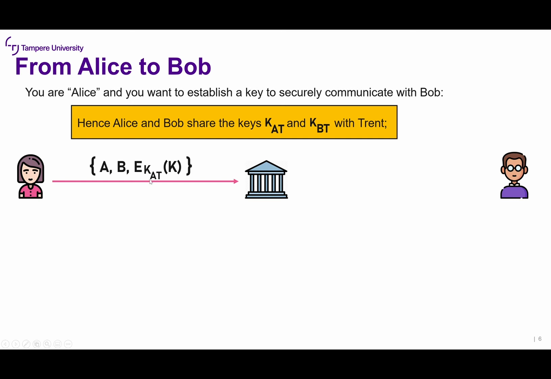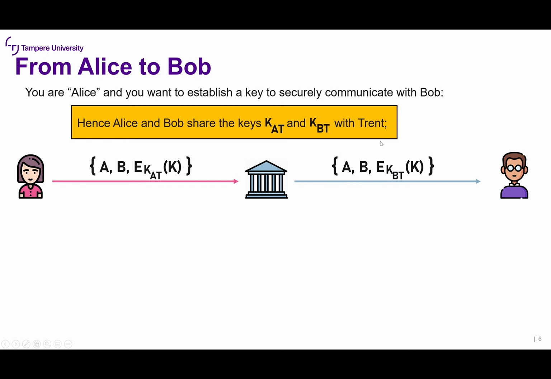Because the last part of the message contains some kind of secret, Trent will have to secure that part. So Trent decrypts this part with KAT, uses KBT to encrypt it, and sends to Bob the following: Hello, Bob. Alice would like to communicate with you, and here is the session key that she generated for you.